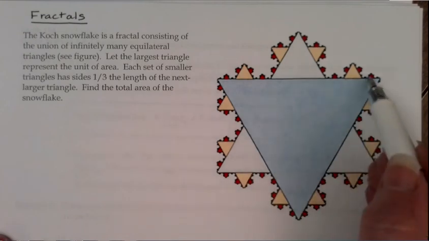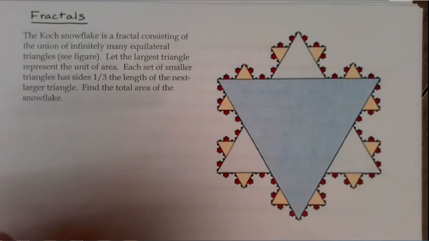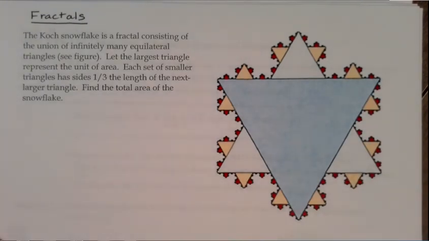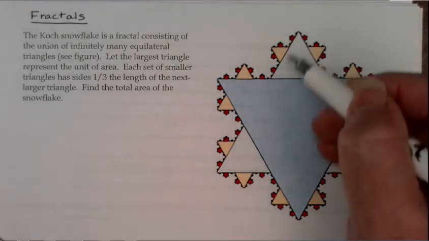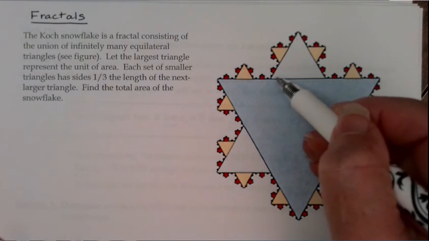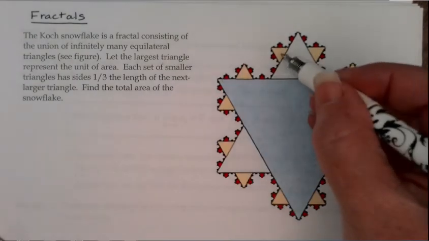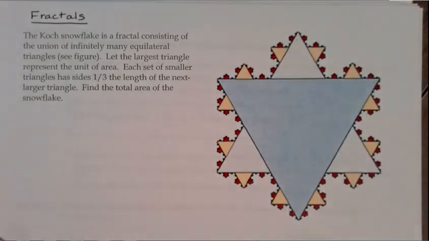You start with this large triangle here, and then onto that large triangle, I build a smaller triangle in the middle of each of the 3 sides. On the small triangle, I build smaller triangles. And on those small triangles, I build even smaller ones.